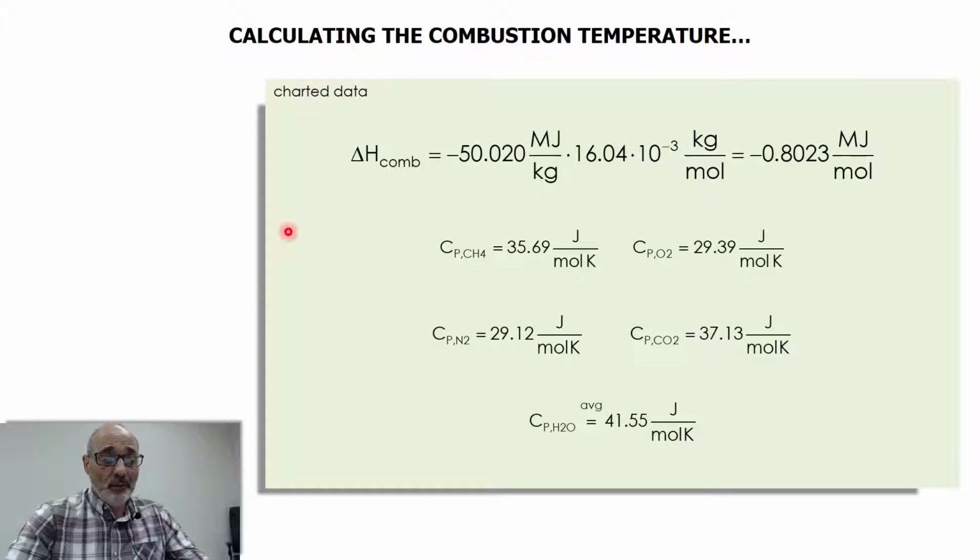And when you go to the necessary charts, we get this number here for methane. Every kilogram of methane reacting with air releases 50 megajoules. The minus sign here means that the reaction is releasing heat, not absorbing heat. That's our convention.